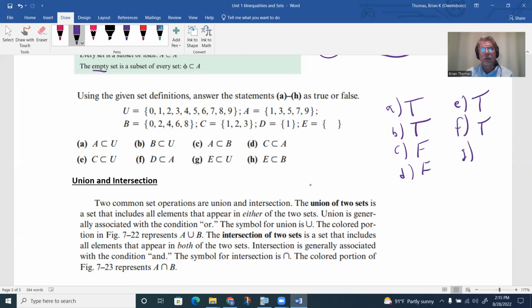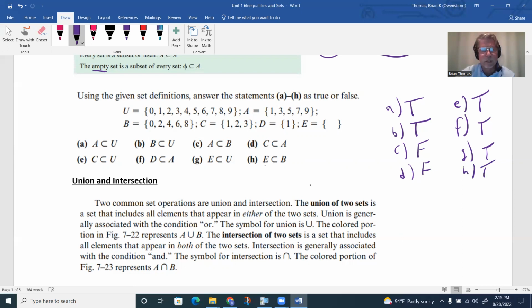G, is E a subset of U? Remember, the empty set is a subset of any set, so it would be true. So the empty set is always a subset. And it says, is E a subset of B? Well, again, E is the empty set, and an empty set is a subset of any set, so that's also true.